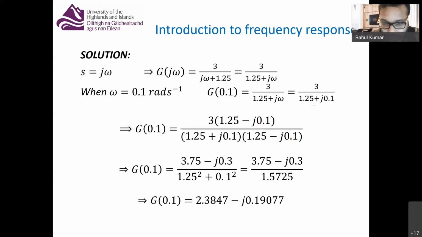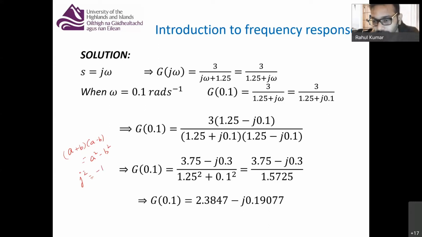If you remember the formula, (a plus b) multiplied by (a minus b) gives us a square minus b square. That's the formula. And also j square, right? j represents my imaginary part, so j square is minus 1.